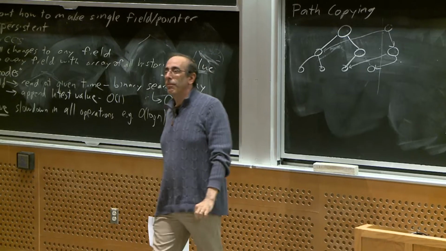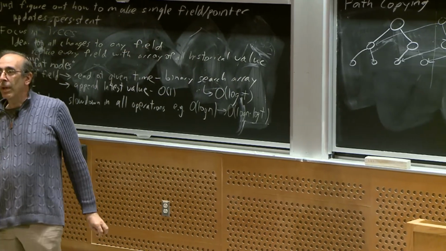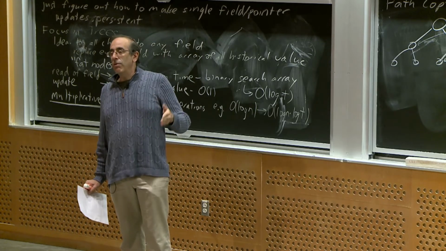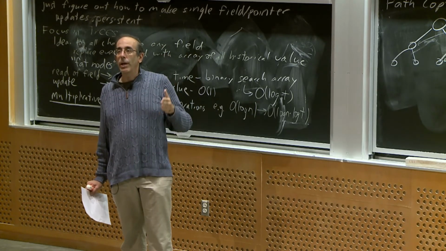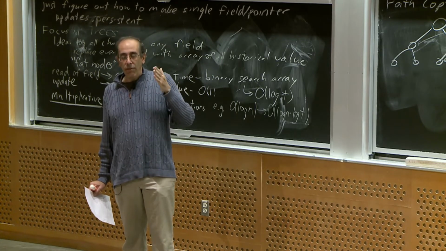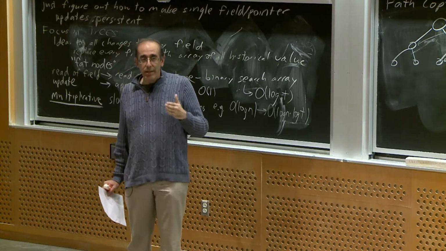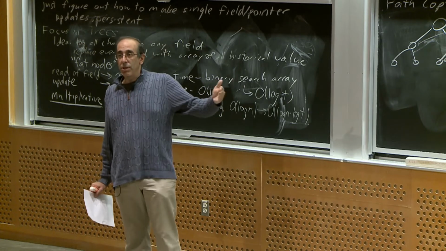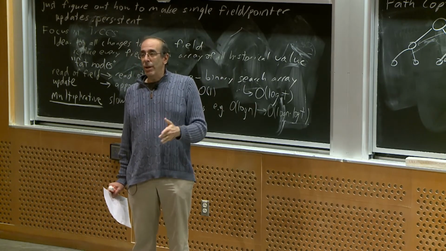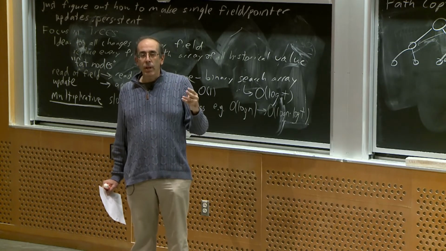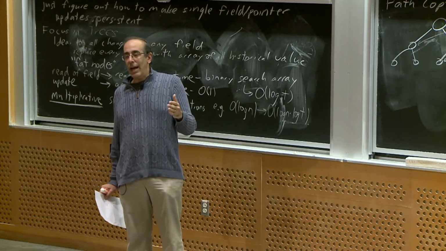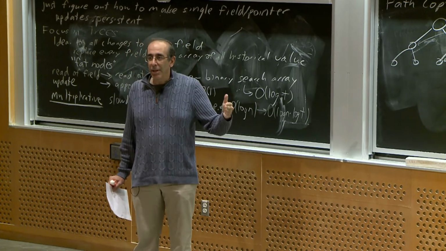Yes? Why do we need log t to find the root? Because we need log t to find the root when you are answering a query about an update at a particular time. I mean, again, if you're really just having an update every single time step, then you could just use an array and index directly into the array. But if you have a mixture of queries and updates, right, you might not actually have an update on every single time step.